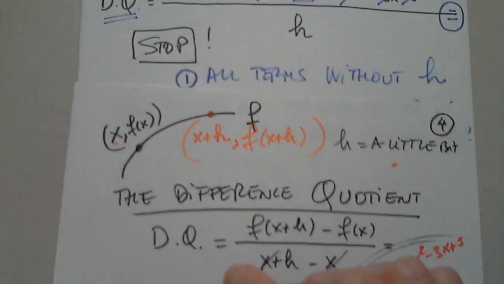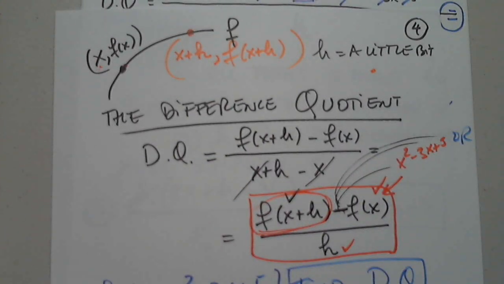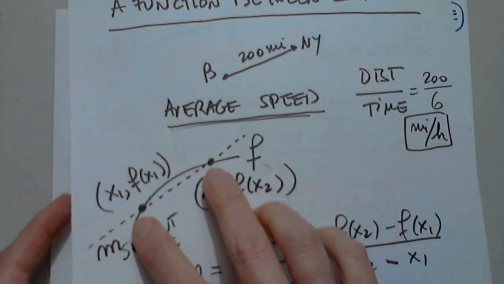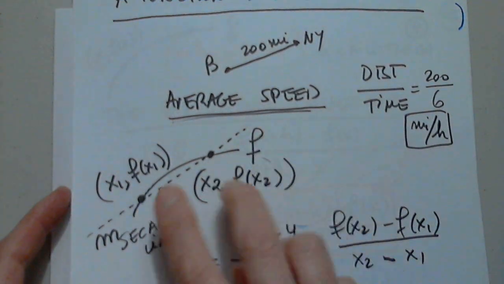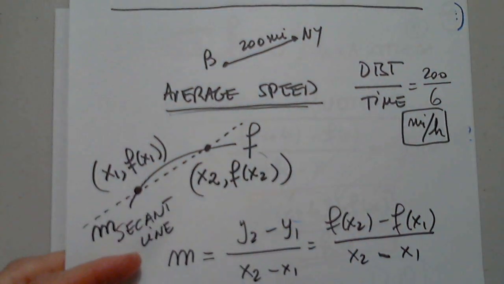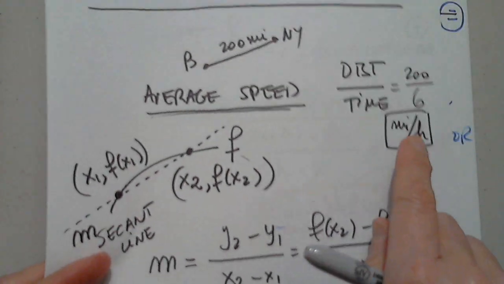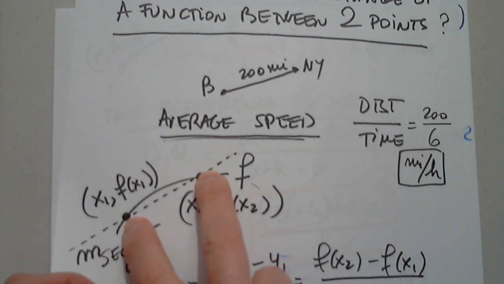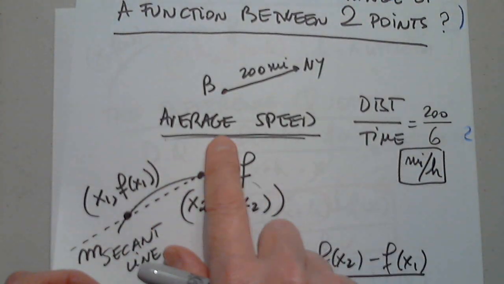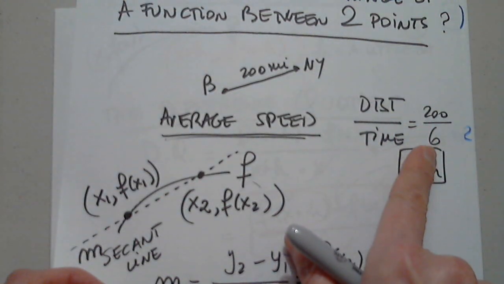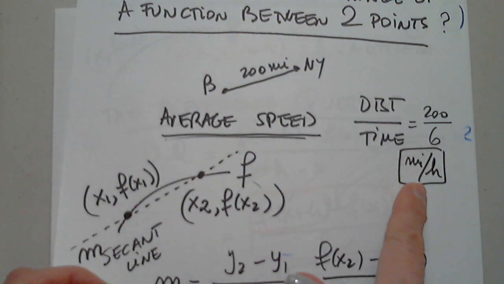But I still want to explain a little bit. When I determine the average rate of change, it just tells us that I drove between these 2 points with a speed of 200/6 miles per hour.